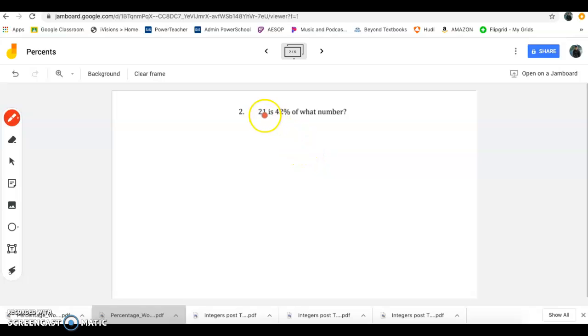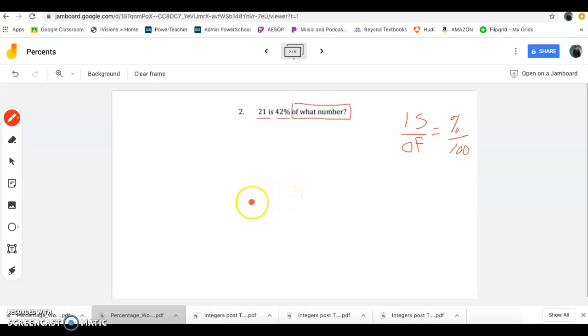All right, same concept. We have 21 is, we have 42%, and we need to figure out my of what number. All right, so remember, is over of equals percent out of 100. All right, sorry, I'm writing with my cursor.